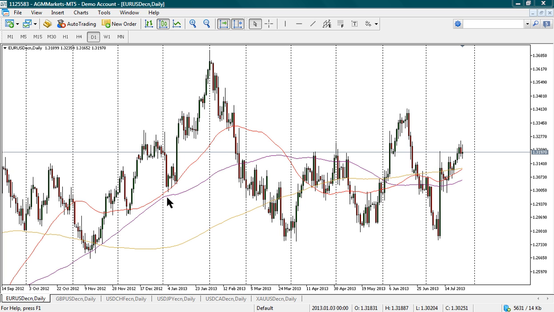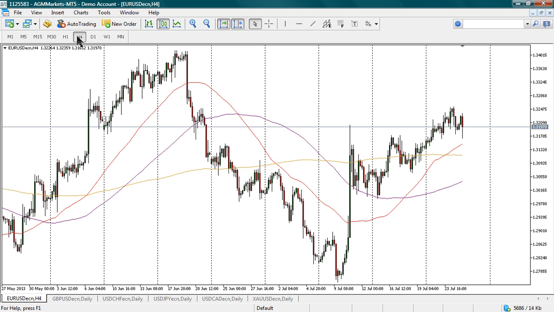Okay, and this is the euro dollar daily chart. What has been going on in the euro dollar? The last few days have not been massively interesting in terms of the size of the candles. It's basically just been grinding higher, especially if you flip it to the 4-hour chart as well. You can see they're quite small candles here after these big ones here.